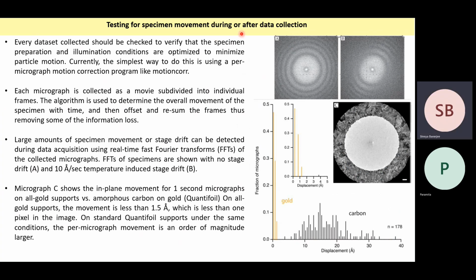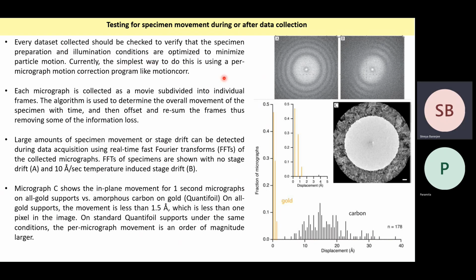Now, biological specimens are not static. They can move during or after the data collection. So each data set collected should be checked to verify that the specimen preparation and illumination conditions are optimized to minimize the particle motion.